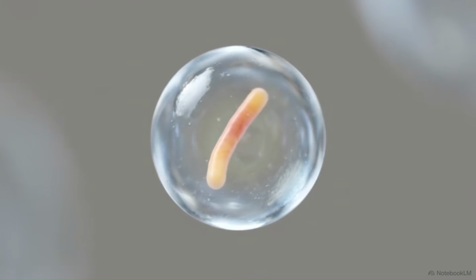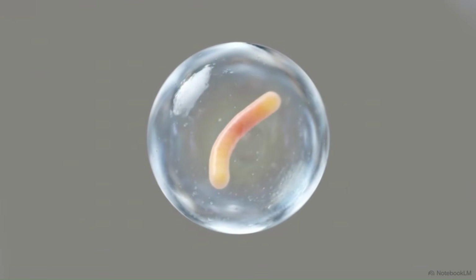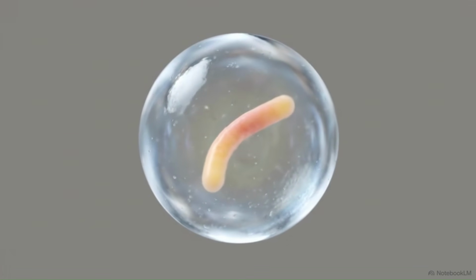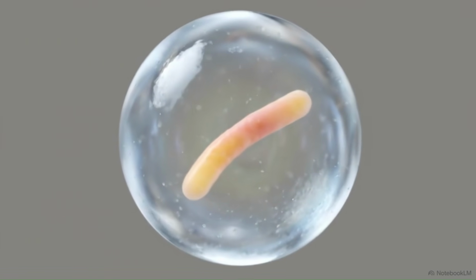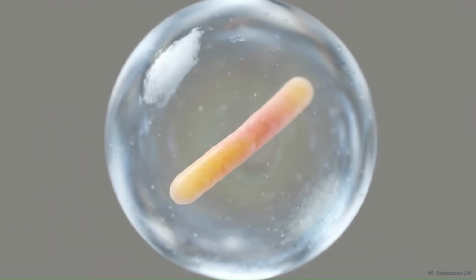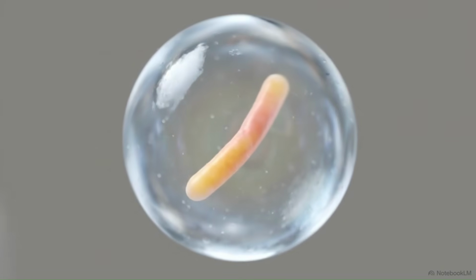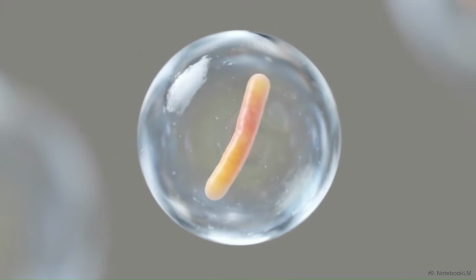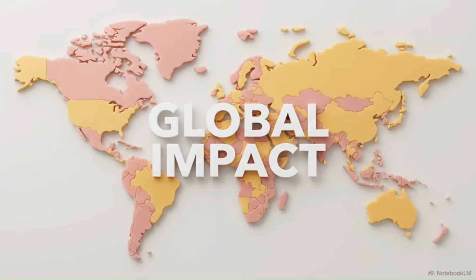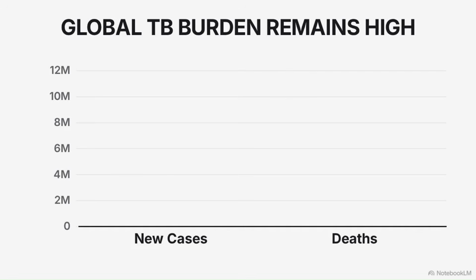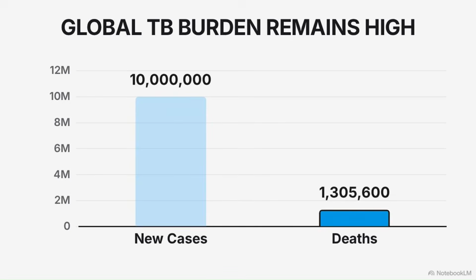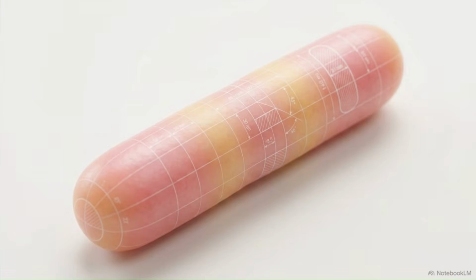This pathogen travels inside microscopic airborne droplet nuclei, often just 1 to 5 microns across, carrying a slender red bacillus directly into a new host. The scale of its clinical impact is massive. The bacteria causes over 10 million new cases and upwards of 1.5 million deaths globally every single year.